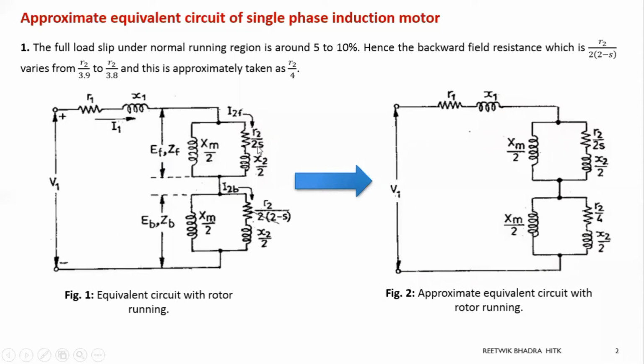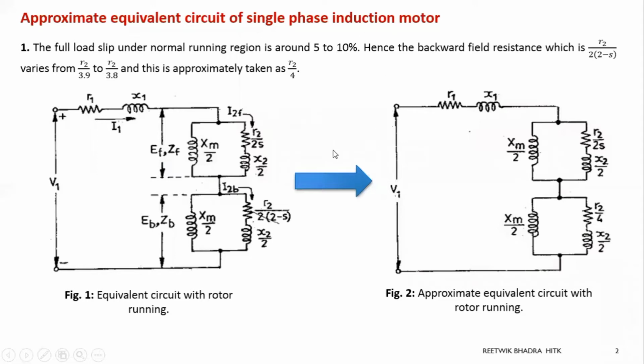These two are connected in parallel, and we found out the equivalent impedance, then found out power, torque, etc. From this equivalent circuit, we had found out all the equations and derived them. Now we'll make some approximation and try to make this equivalent circuit look similar to the equivalent circuit of a three-phase induction motor.